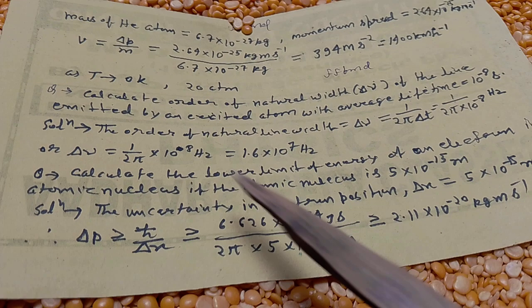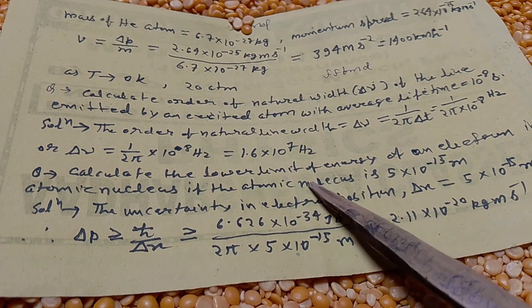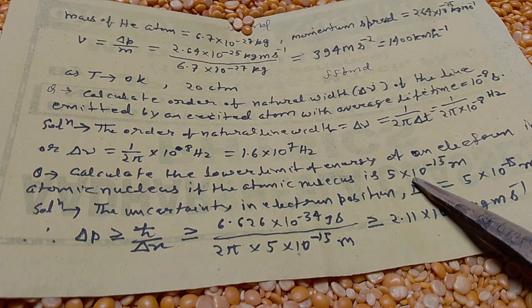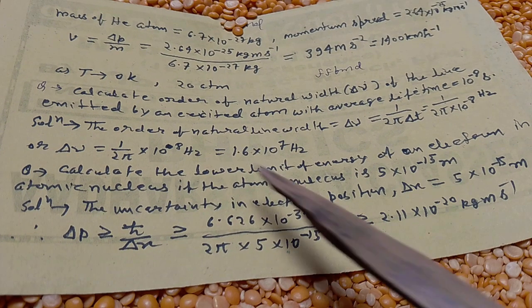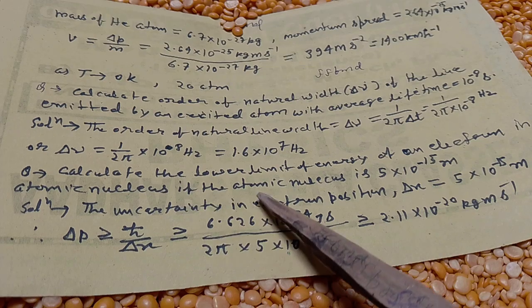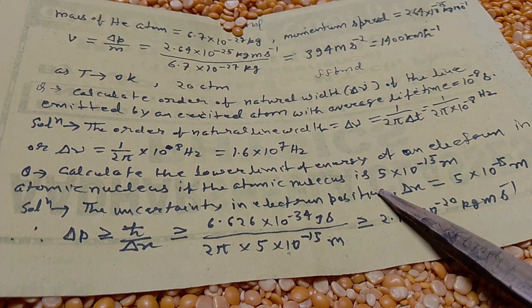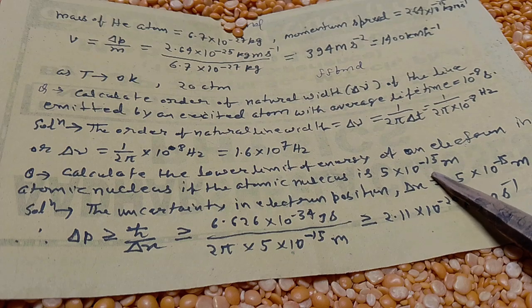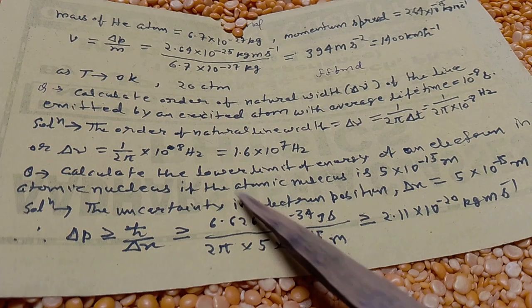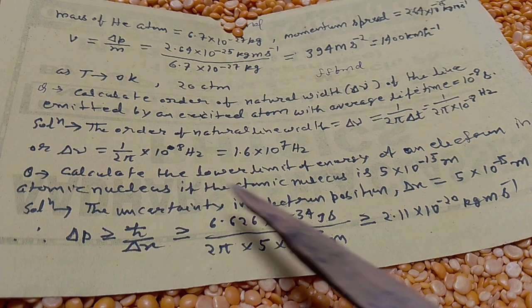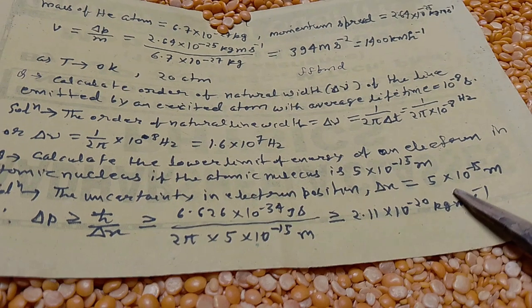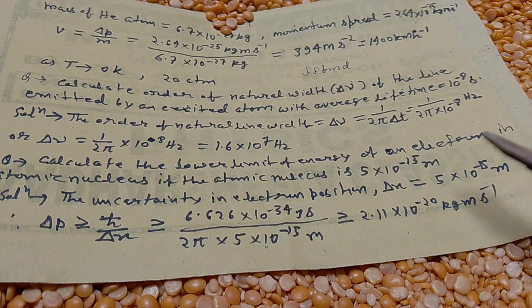Next question. Calculate the lower limit of energy of an electron in an atomic nucleus if the size of the atomic nucleus is 5 into 10 to the power minus 15 meter. Solution. The uncertainty in electron position delta x is given equal to 5 into 10 to the power minus 15 meter.